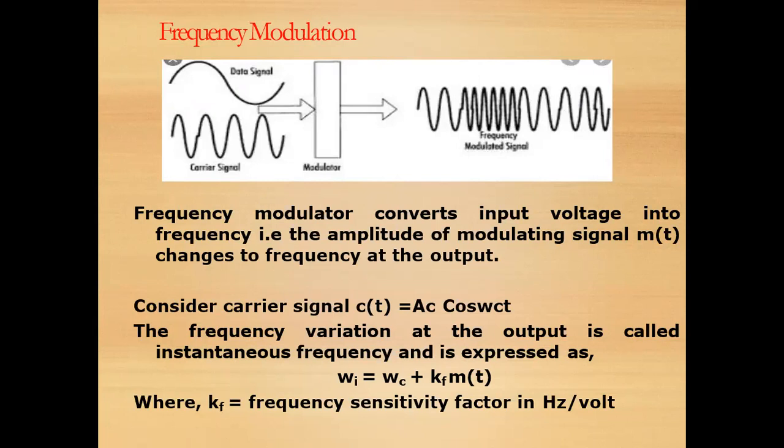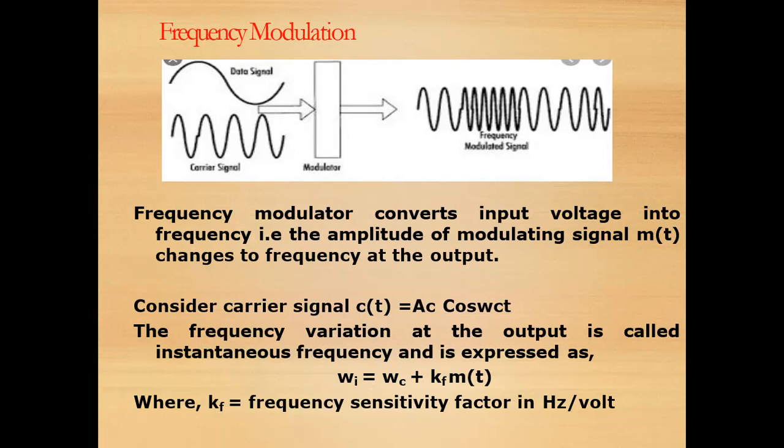Now we will see the equation of frequency modulation. For that equation, first consider the carrier signal AC cos omega ct. We all know that the frequency variation at the output is called instantaneous variation. Instantaneously it will be varied, right? So first I am representing that particular equation by the definition. See here, omega i. What is omega i? Instantaneous variation of frequency.